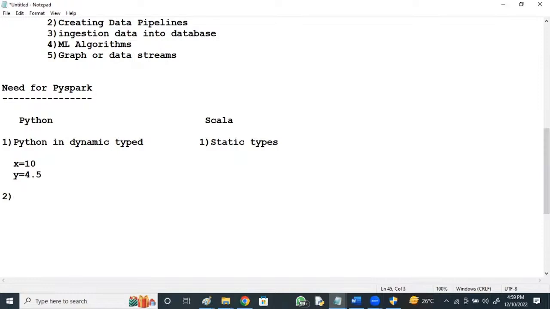Python has a huge community. Scala has a smaller community as compared with Python.